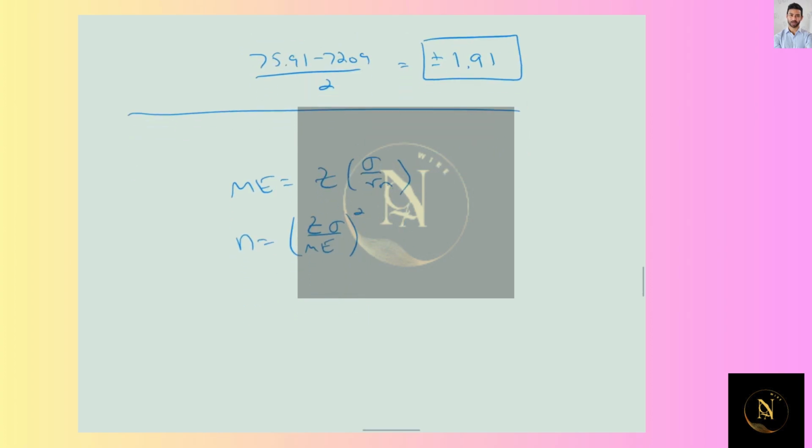And given that the margin of error is going to be 4, based on subtracting 162 minus 154 and taking half, and for 95%, again, z is 1.96. The standard deviation is 15. And the margin of error is going to be 4. And we'll round up to the nearest person. That'd be 55.